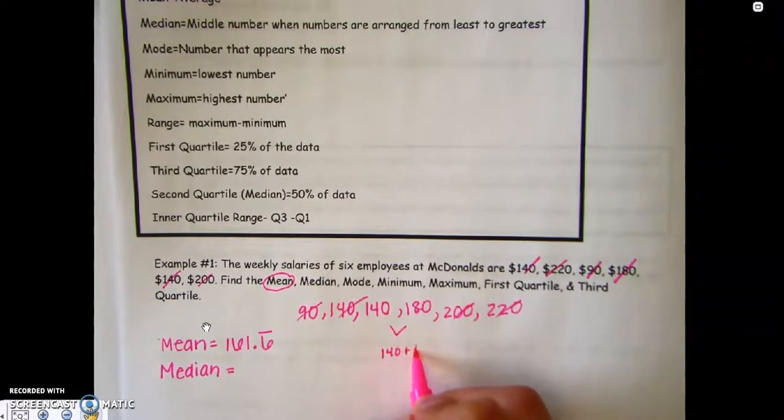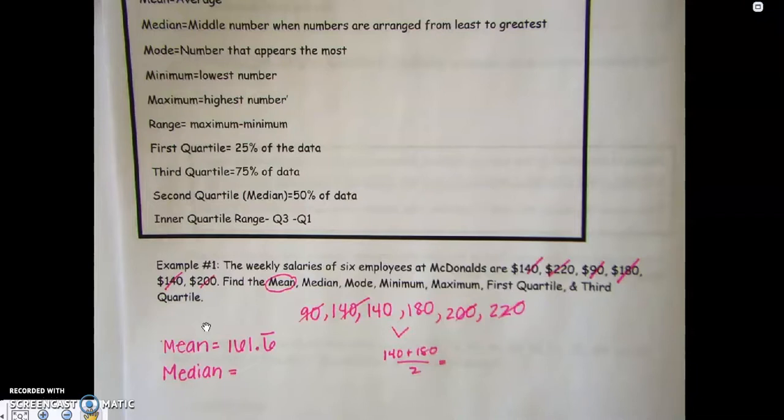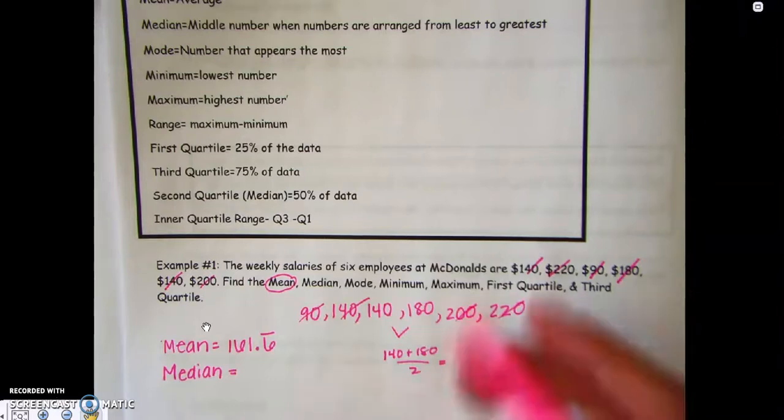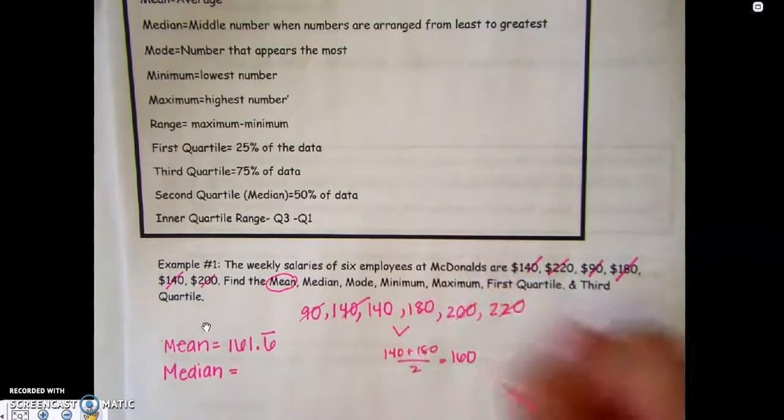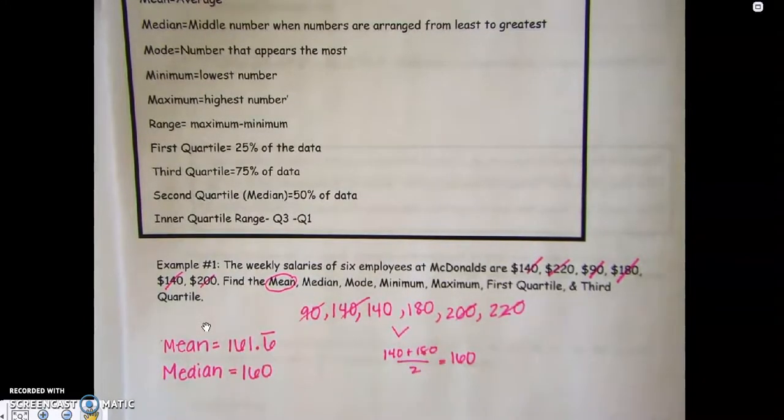So I'm going to do 140 plus 180 divided by 2 to get my median. And so my median ends up being 160 when I do that average. So 160 will be my median.